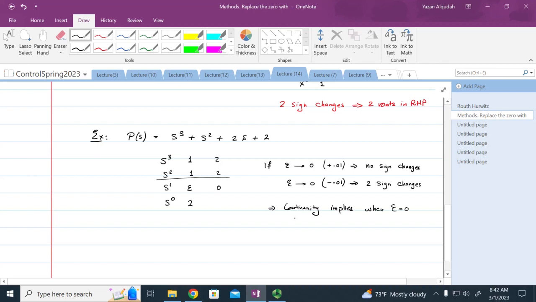When epsilon is equal to 0, we have 2 roots on the j omega axis. Sounds good? Answer your question there?